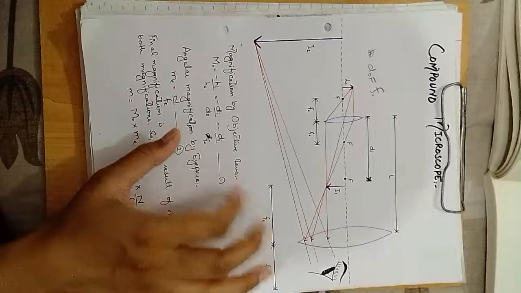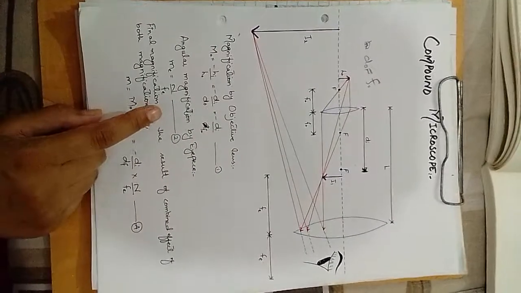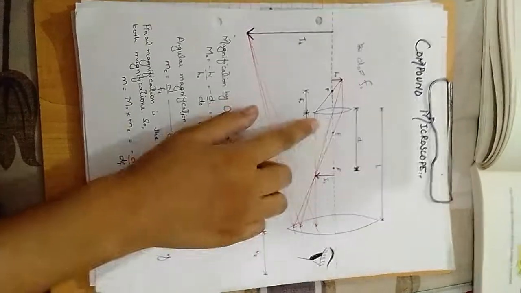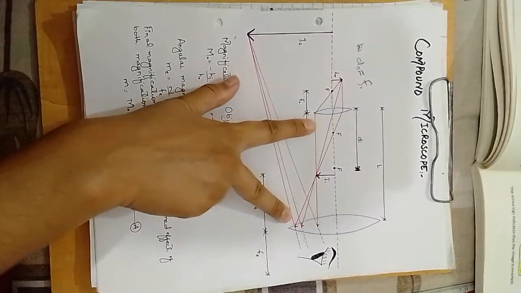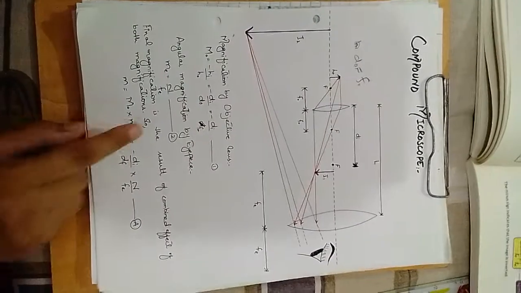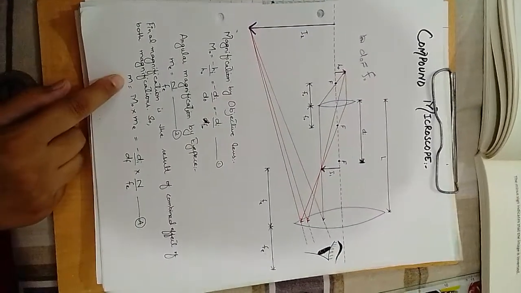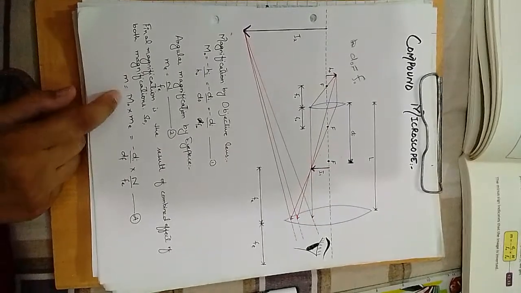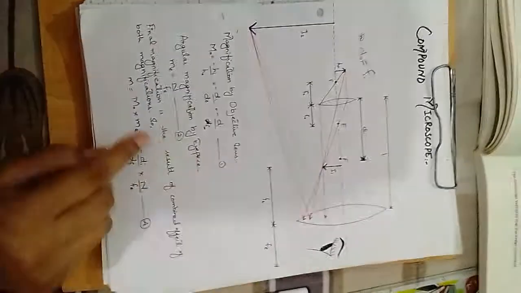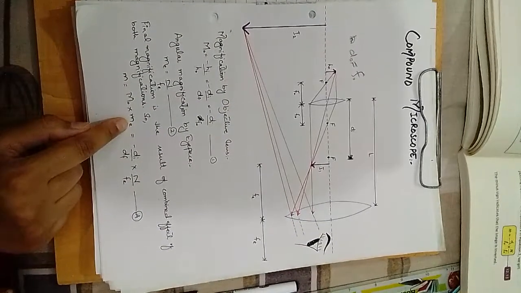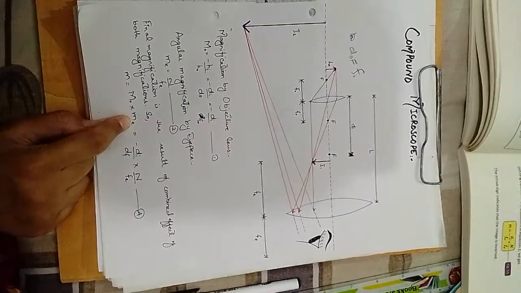All right, so as the total magnification is the combined effect of both these lenses, the magnification produced by both these lenses, so we are going to multiply both the magnifications. Okay, so the resultant magnification would become the magnification by the objective multiplied by the magnification made by the eyepiece.